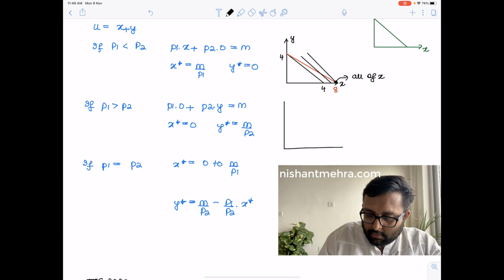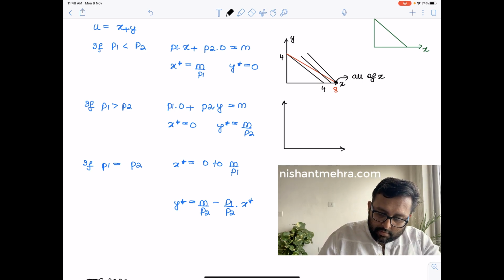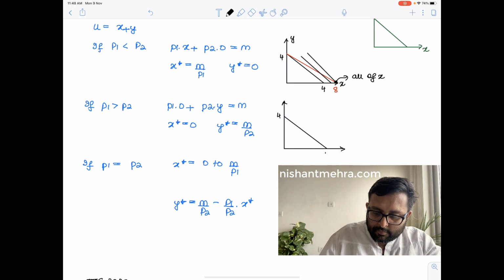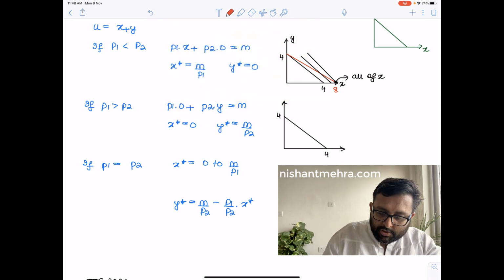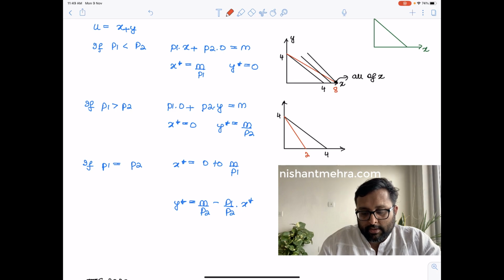Then you like this. For example, this is the budget constraint. 4 upon 2, right? That is true, that's the budget constraint.